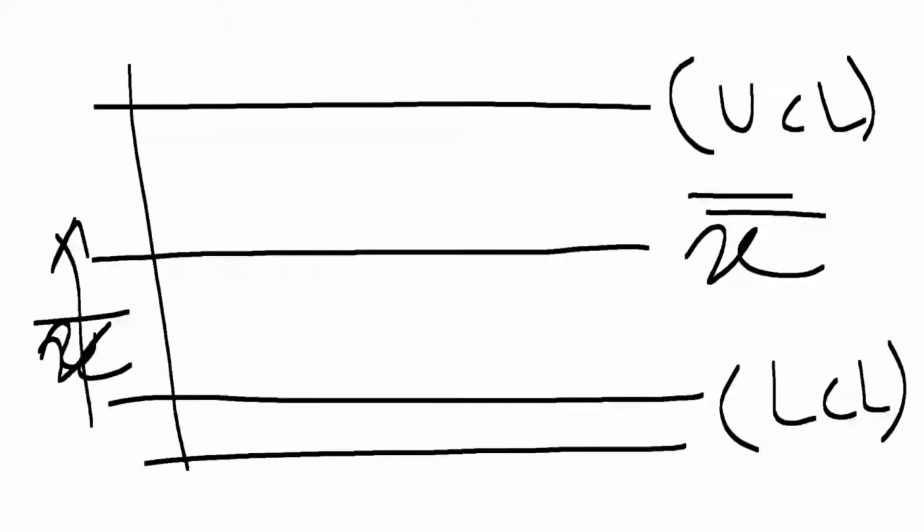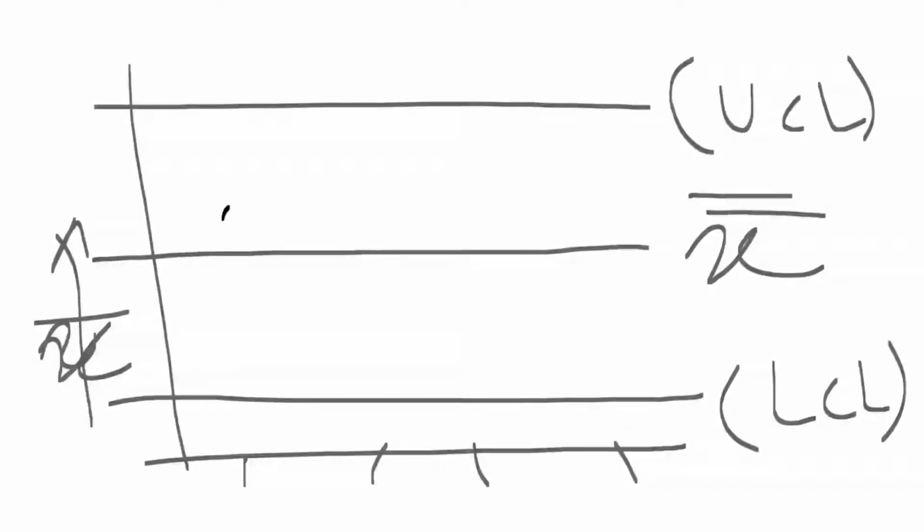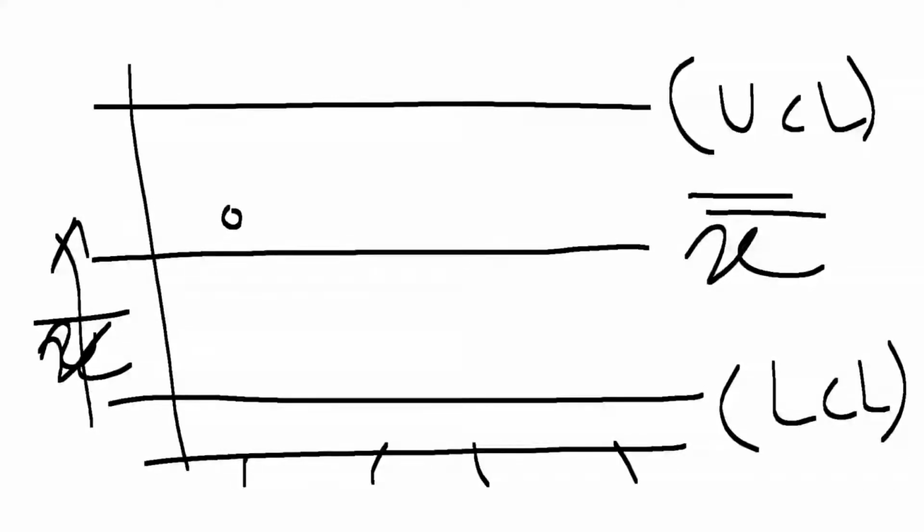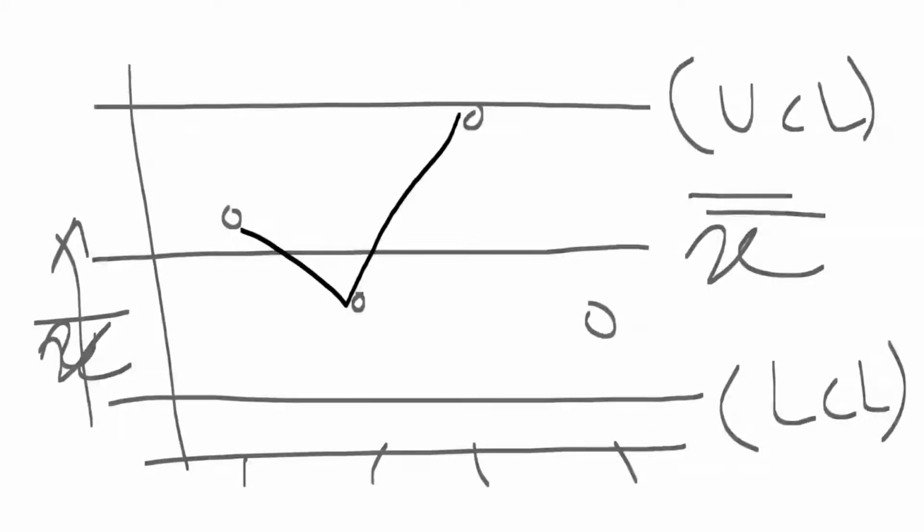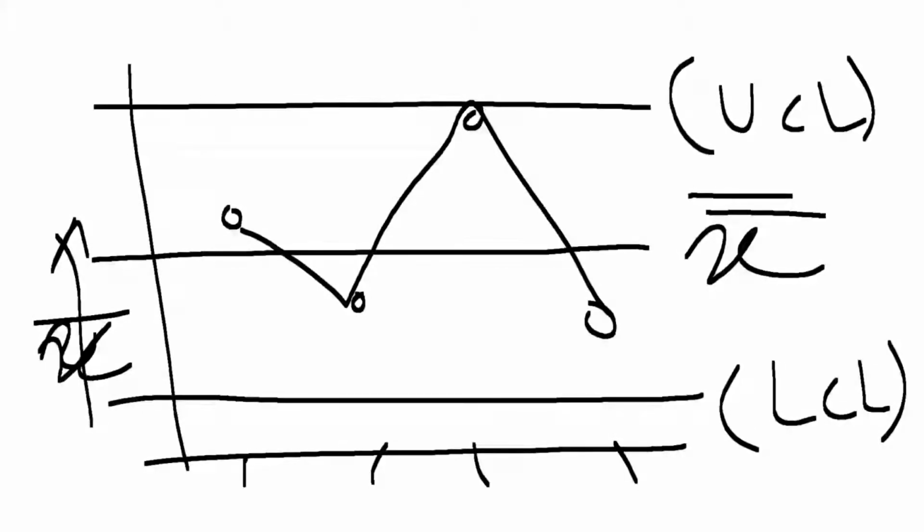Here 1, 2, 3, 4, this is marked randomly, so I am showing you a random example of how the X chart is drawn. Here one point is situated, here one point, here one point, and here one point. So these are the components, as per the quantities given in the table, that we have marked.